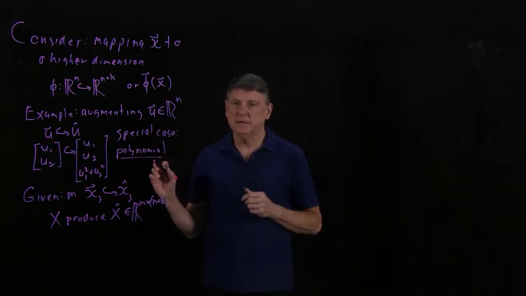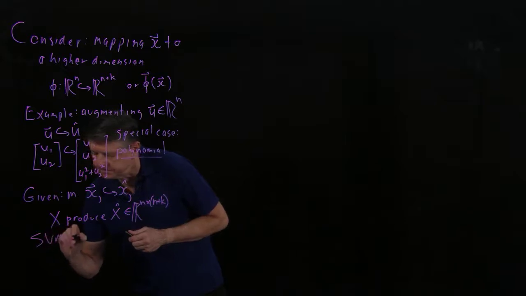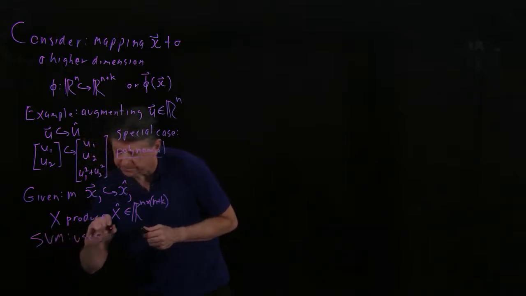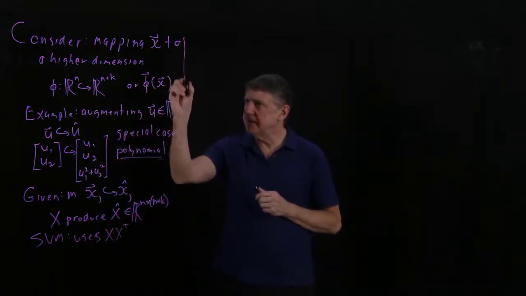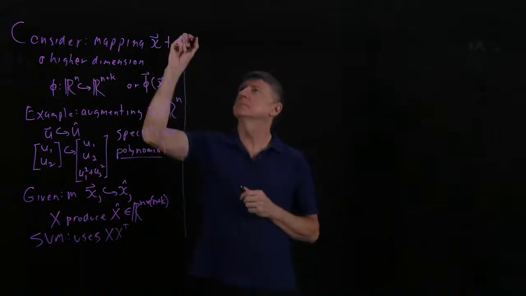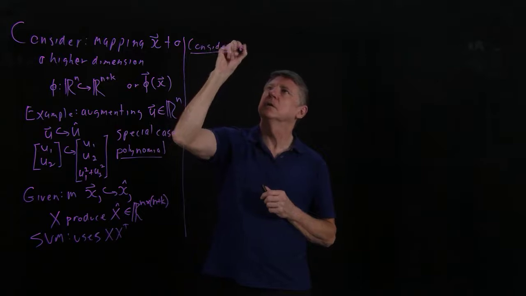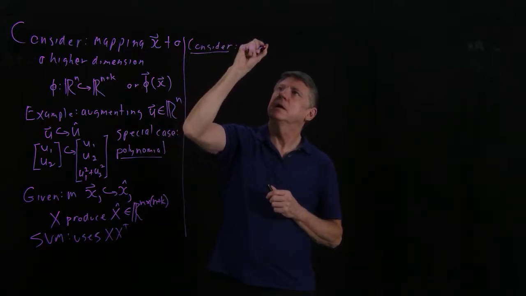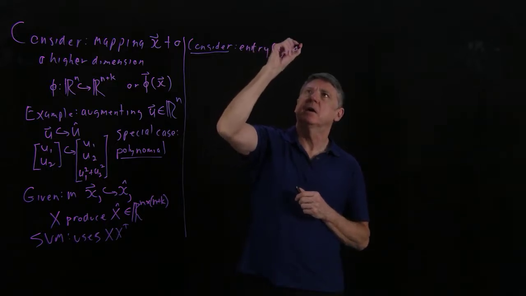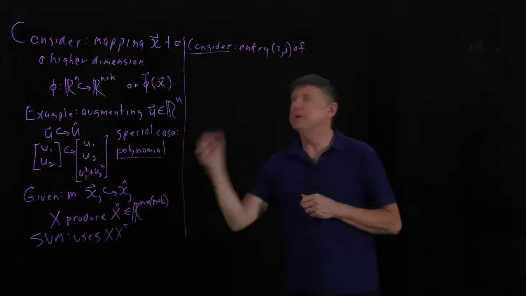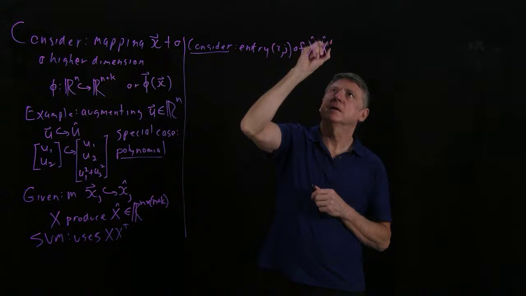And an ordinary SVM uses X transpose. Let's now consider entry ij of the embedded design matrix times its transpose.